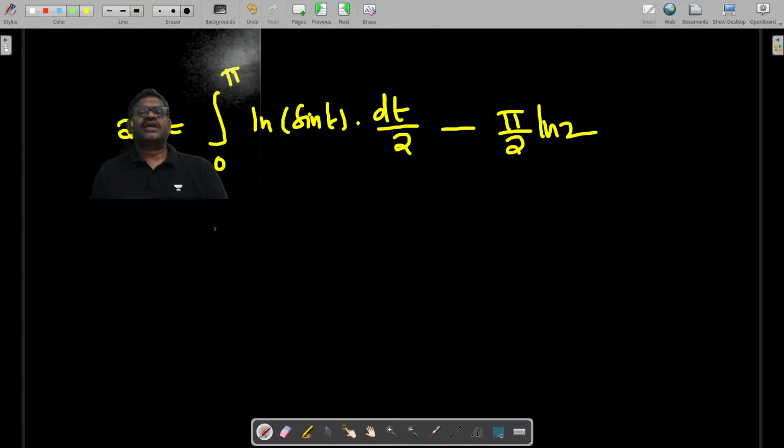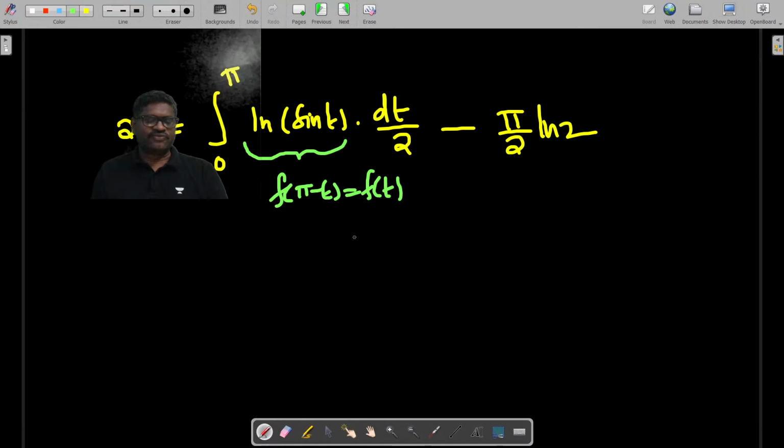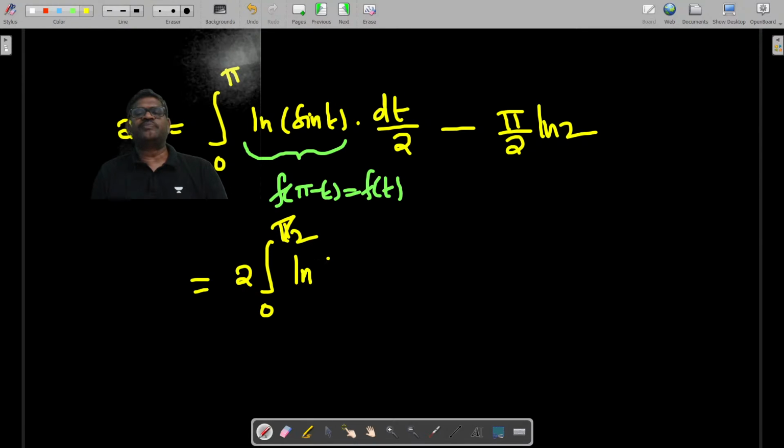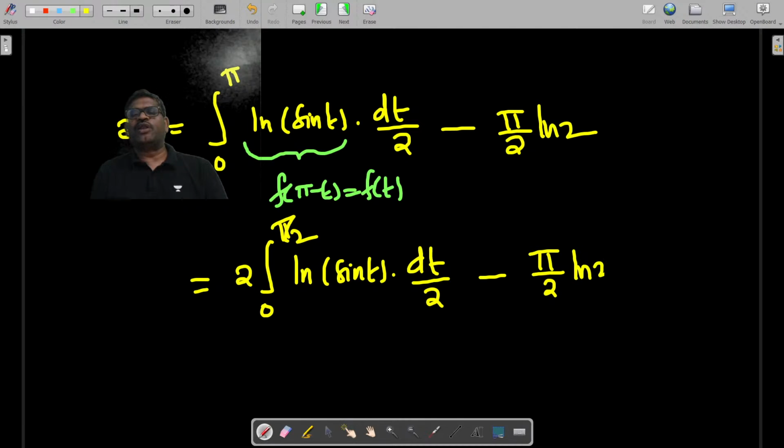Now here if you look at the integrand, f of pi minus t is f of t. Therefore, you can apply the folding rule. Integral 0 to pi can be written as 2 times integral 0 to pi by 2 log sin t into dt by 2 minus pi by 2 log 2, that is equal to 2I.